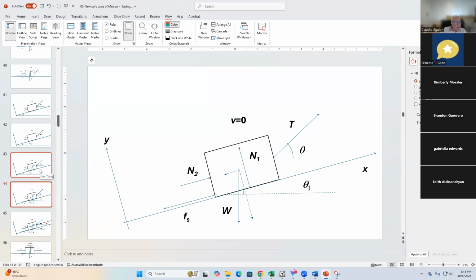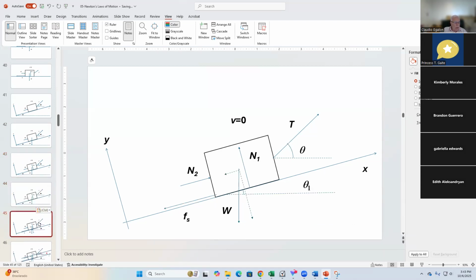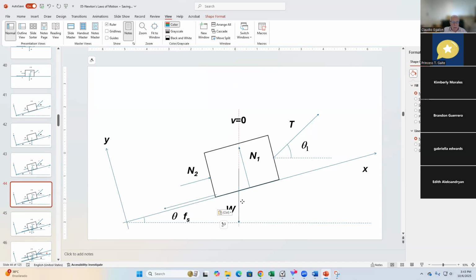Okay, so here we go. And let's see, here you go. Copy this one and paste it. If the block tends to slide uphill because of those two forces, then we must have this force of static friction downhill.